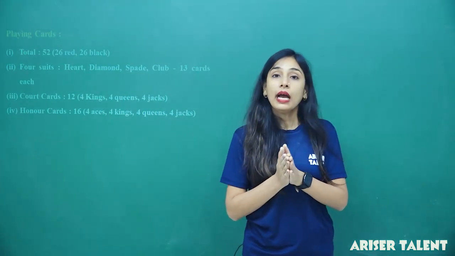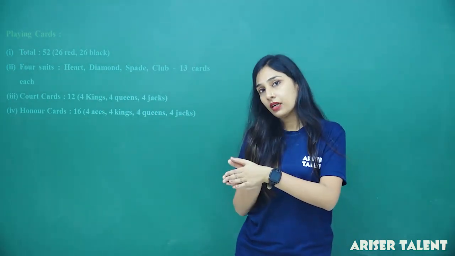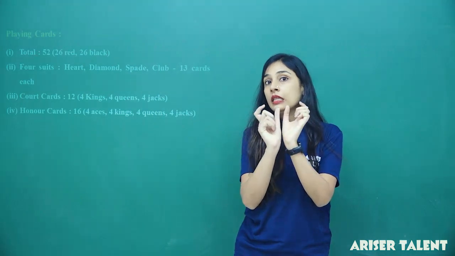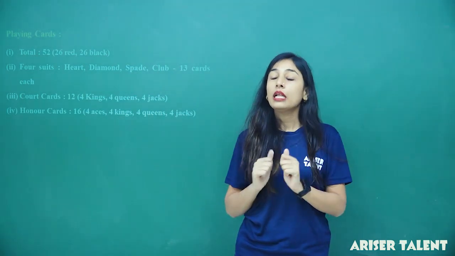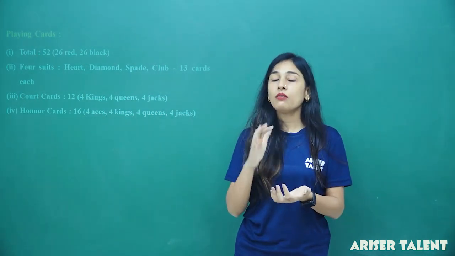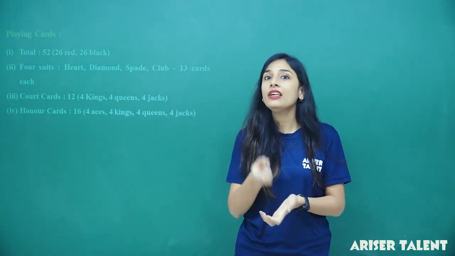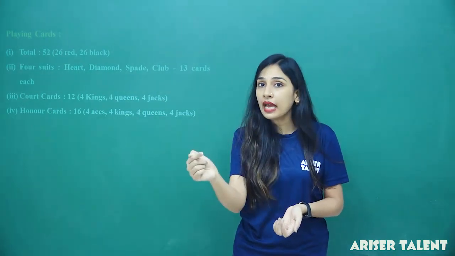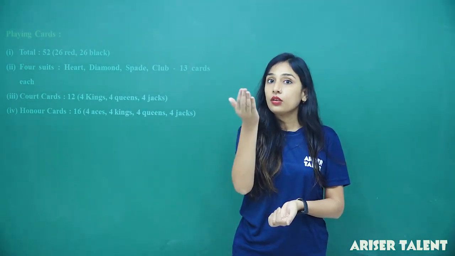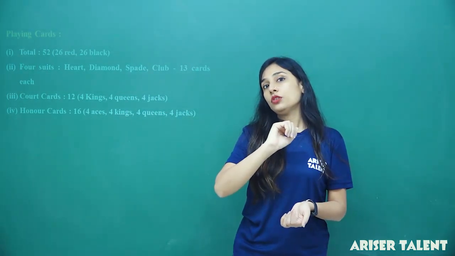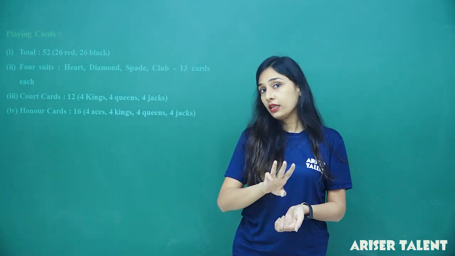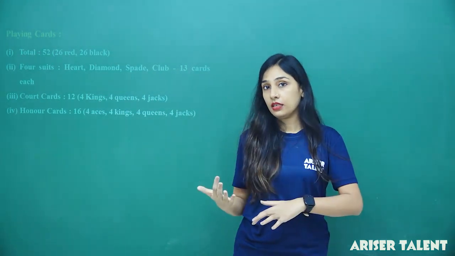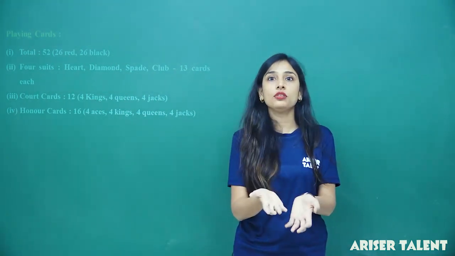Okay, so now how the question may come from the number of coins you are using: what is the probability of getting 2 tails and 1 head when you are tossing 3 coins simultaneously. That may be the question. Now this is the question for you guys.